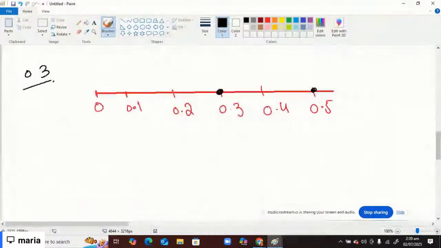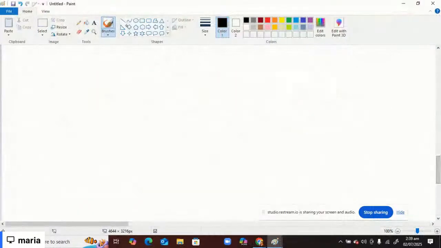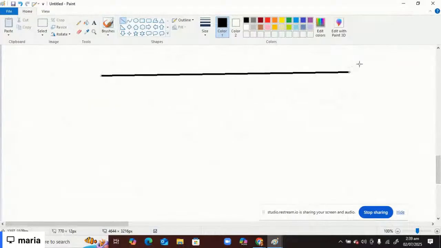Let me just draw. That is 0 and here is 1.0. This is 0.5.